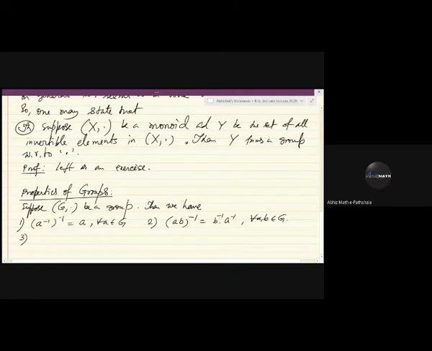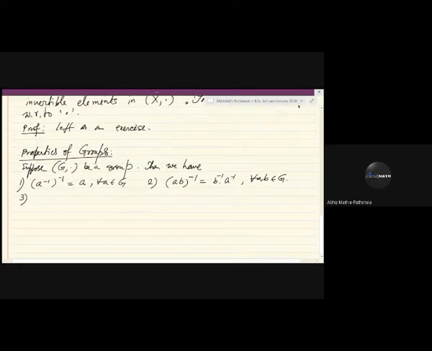Number three: for A, B belongs to G, the equation Ax equal to B and xA equal to B has unique solutions.